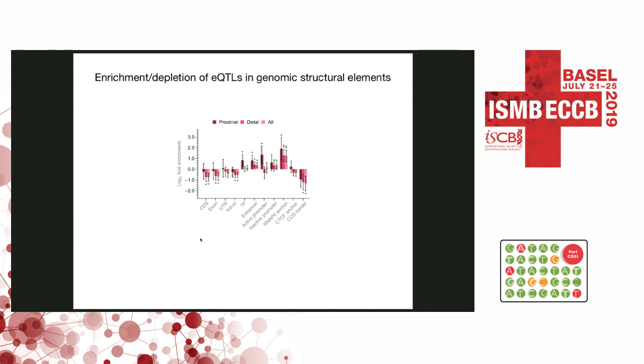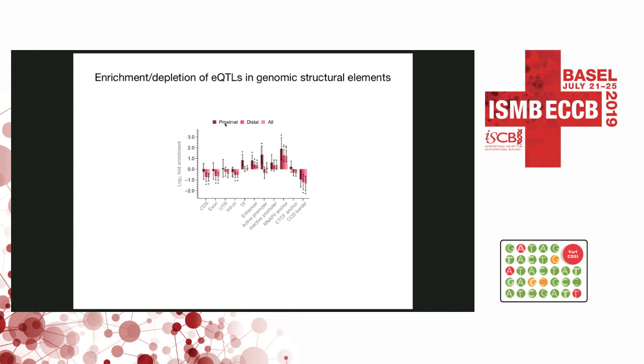The next question we asked was if chromatin spatial organization is somehow involved in variation in transcription in the population. So we identified eQTLs, and we mapped them on the same genome elements. We distinguish two types of eQTLs, proximal and distal.